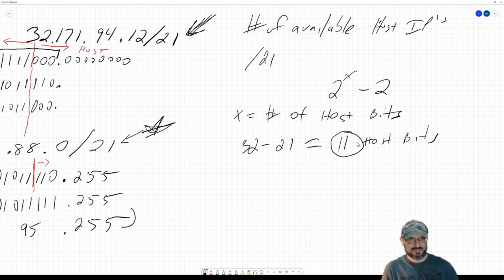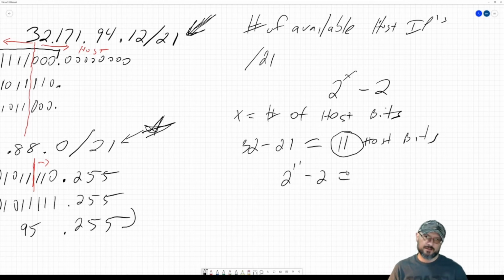So we're going to take that and put it in here. 2 to the 11th minus 2 equals what? So 2 to the 11th, obviously you can go on a calculator and figure that out. You can kind of do it in your head though. Once you've done binary enough, you can start to do these things in your head.